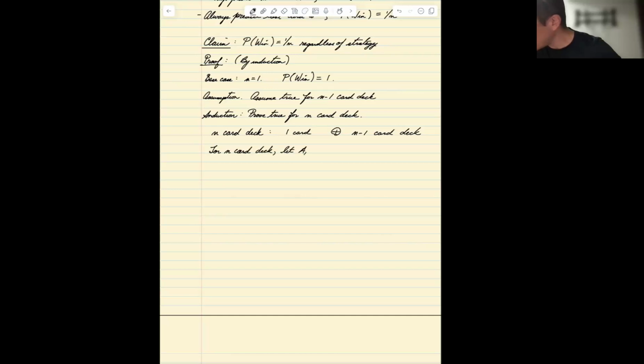Let A1 be the event that we assert that the first card is special.